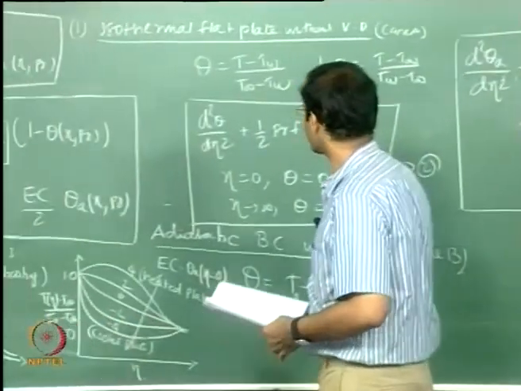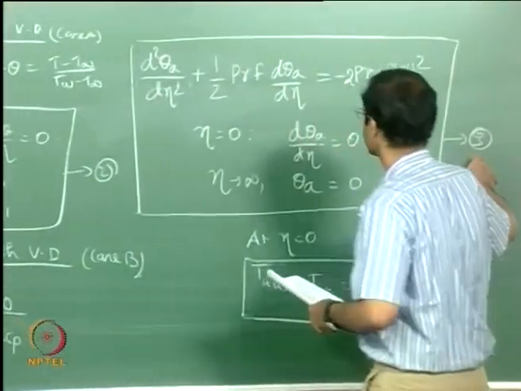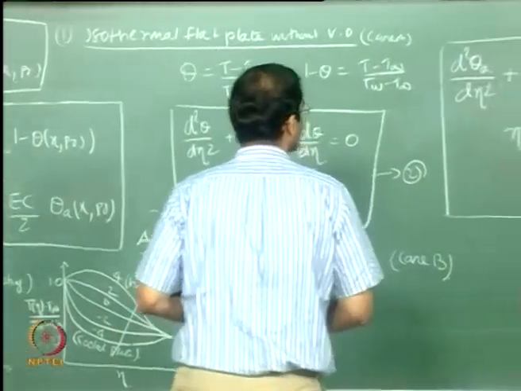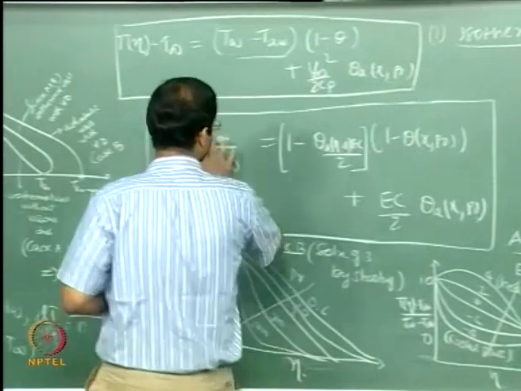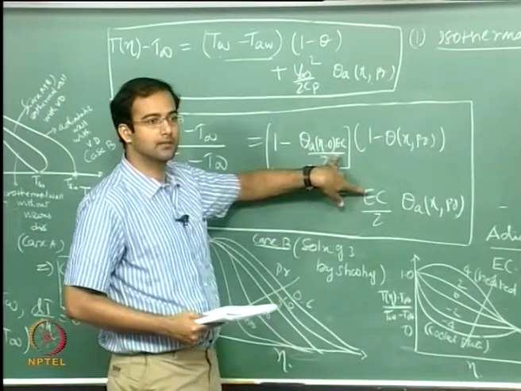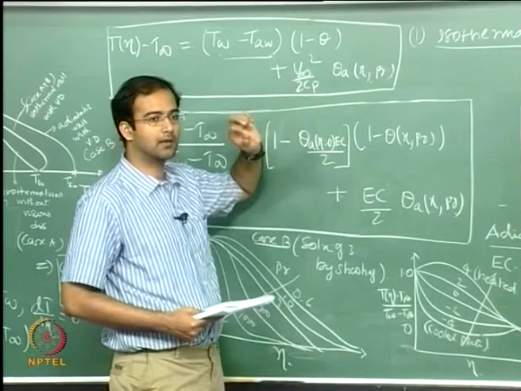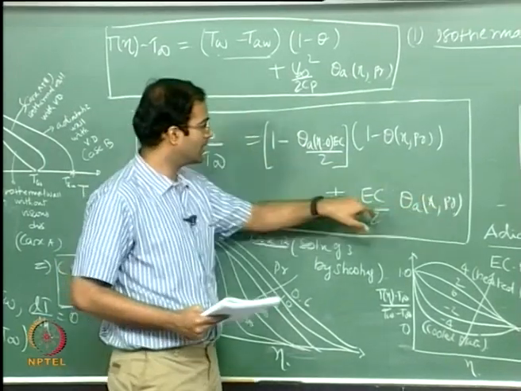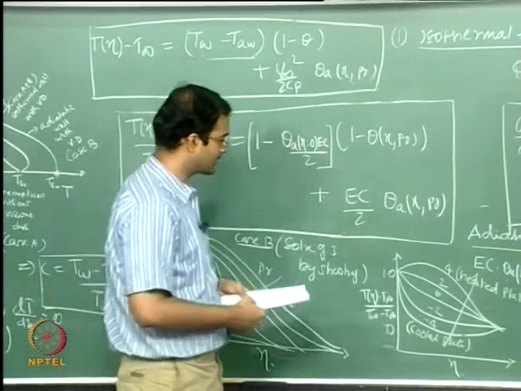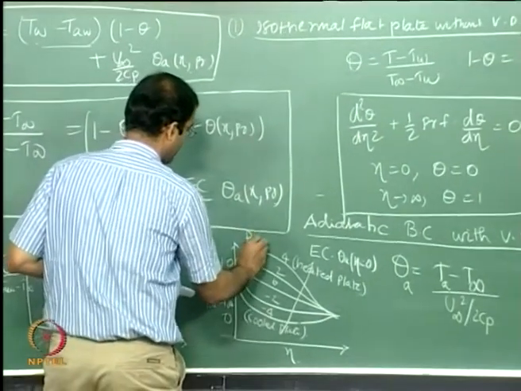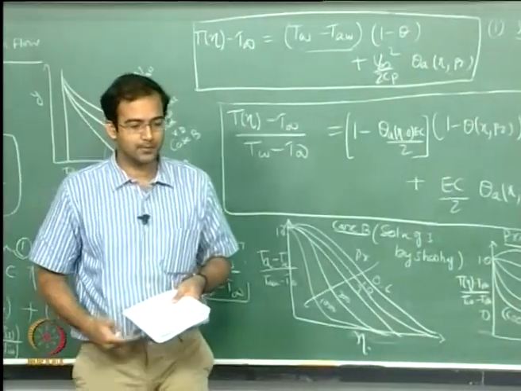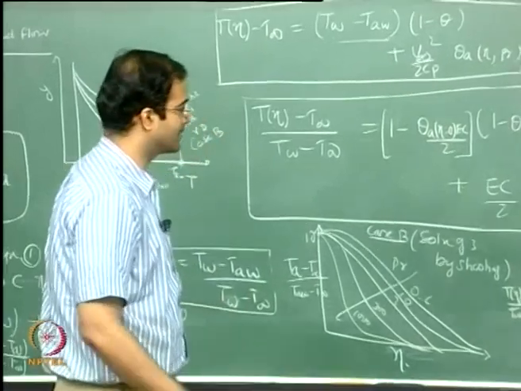So you can write this as something like Eckert number into theta A eta equal to 0. So if you look at the solution for this problem 3, and if you look at the generic solution here, this depends on theta A and Eckert number. So you have to plot this for a particular value of Prandtl number, for a particular value of Eckert number into theta A at eta equal to 0. So this could be for say Prandtl number around 1. You have to fix the Prandtl number here, because there are too many parameters.